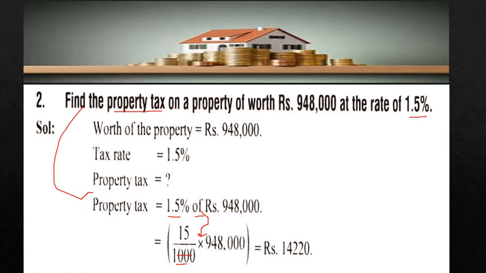Now these 3 zeros we will cancel with these 3 zeros, and 15 multiplied by 948, and our answer will be equal to rupees 14,220. It means if we have a property of 9,48,000, we have to pay this amount as a tax.